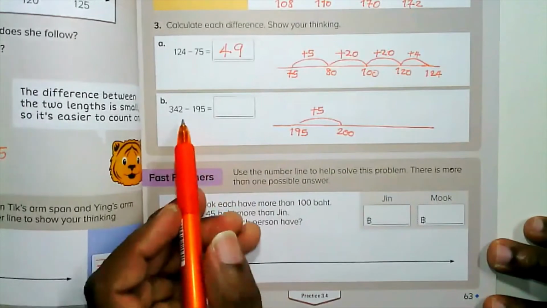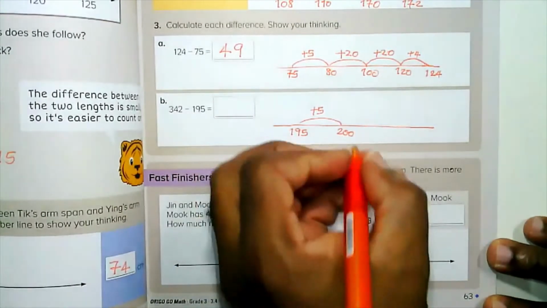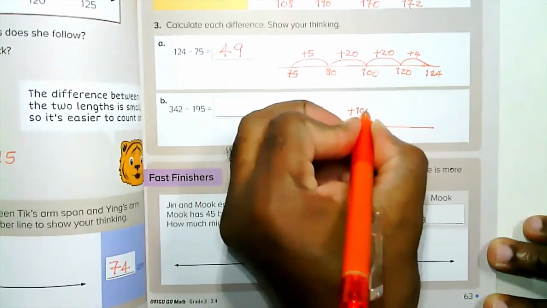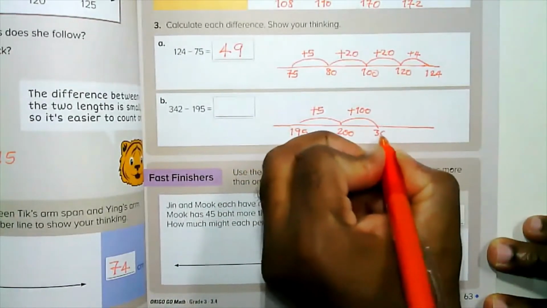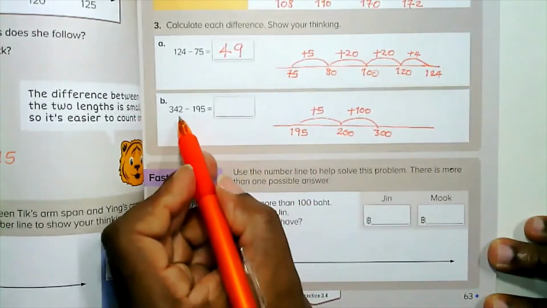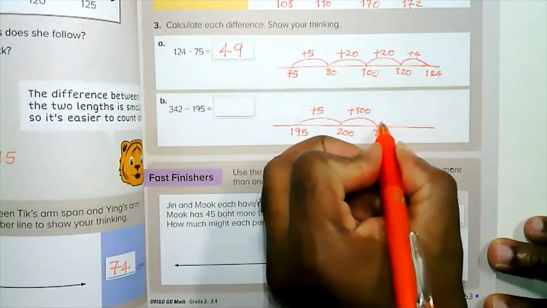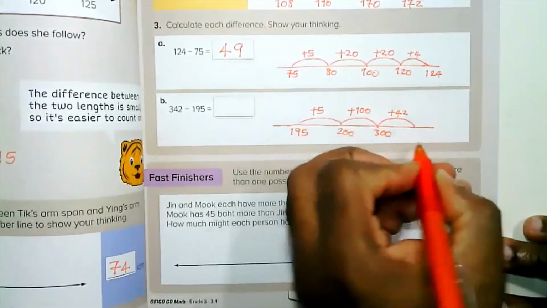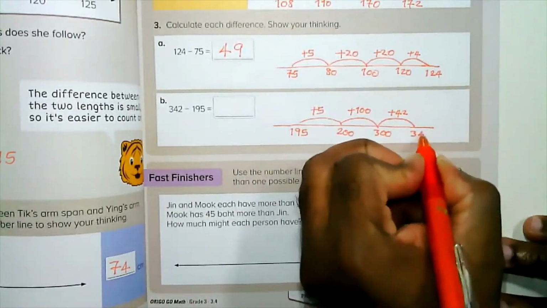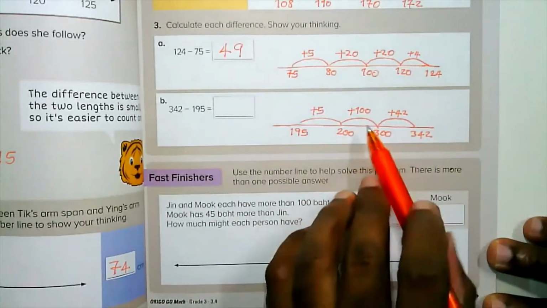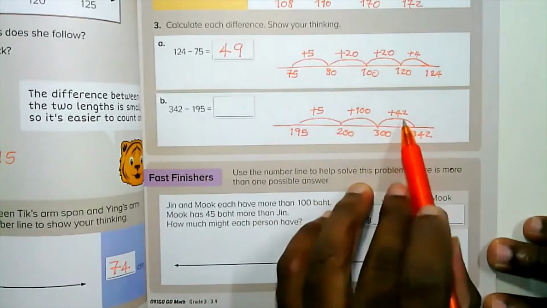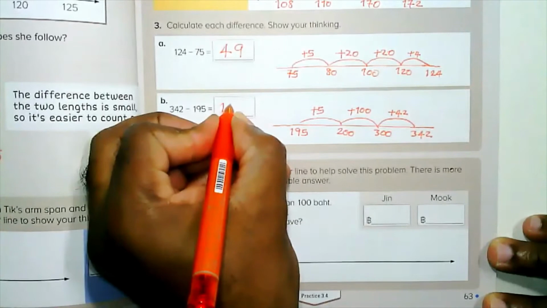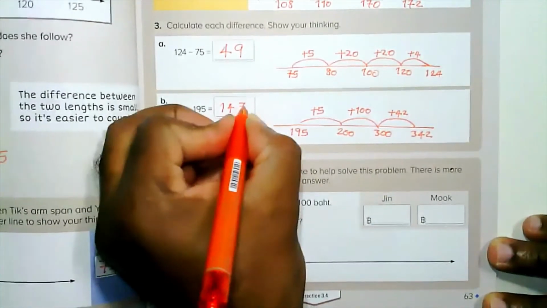Then we're looking at 300, so we add another 100, will be 300. Then add another 42, will be 342. So 100 plus 42 is 142 plus 5, 147.